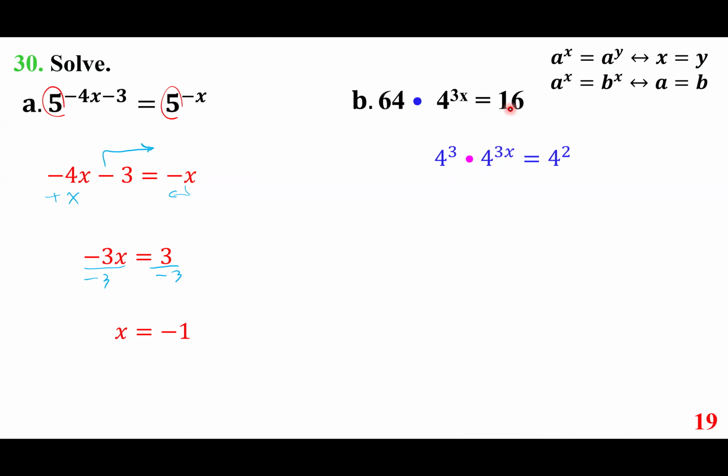Now we can see that we have the same base on both sides, 4. So the right side is fine. The left side, we're going to combine them by adding the exponents. This is the product rule. 4 to the power of 3 plus 3x is the left side.